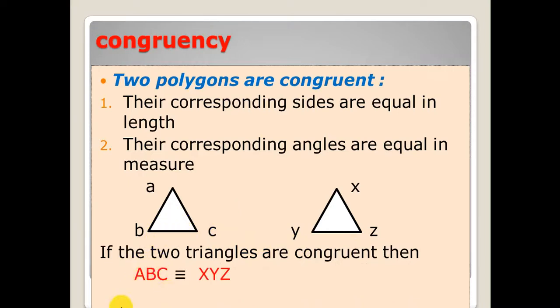ABC is congruent to XYZ; this is the sign of congruent.